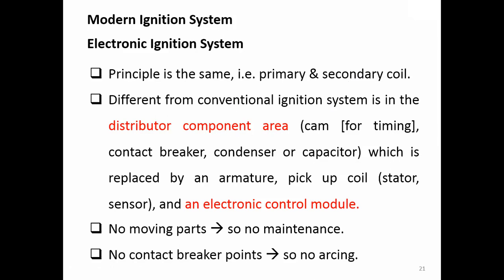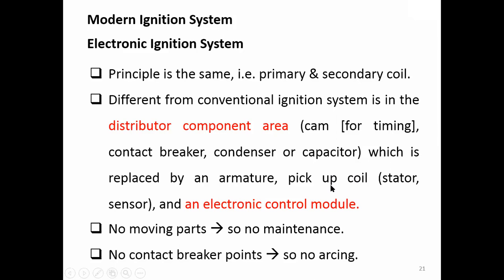For the conventional system, we have the cam for timing, we have the contact breaker, we have the condenser or the capacitor. All of these disappear in the electronic ignition system. You don't see the cam, the contact breaker, or the capacitor. All of them are replaced by an armature and the pickup coil.